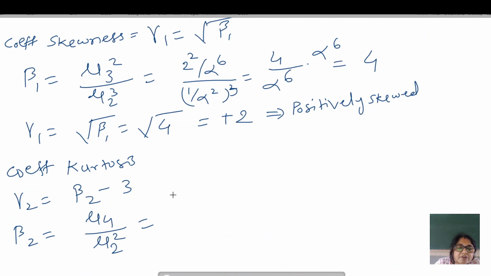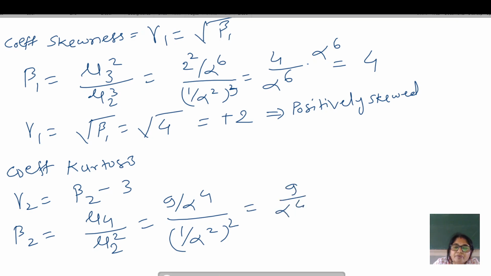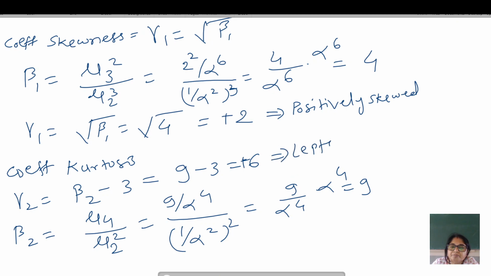So mu 4 is equal to 9 by alpha to the power 4 divided by mu 2 square, and mu 2 is equal to 1 by alpha square, then (1 by alpha square) whole square. So it will be equal to 9 by alpha to the power 4 into alpha to the power 4, which is equal to 9. So beta 2 equals 9. And then you will get gamma 2 is equal to 9 minus 3, which is equal to 6. And 6 is positive, so therefore the distribution is leptokurtic.